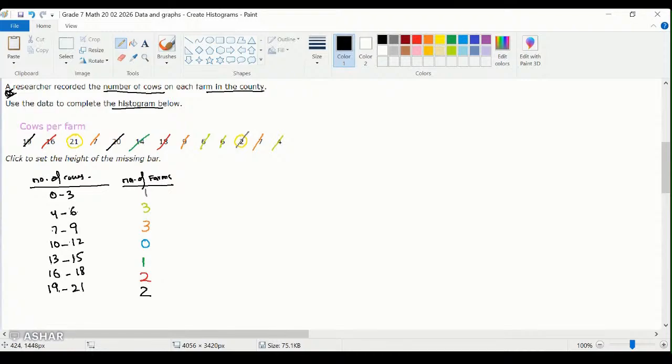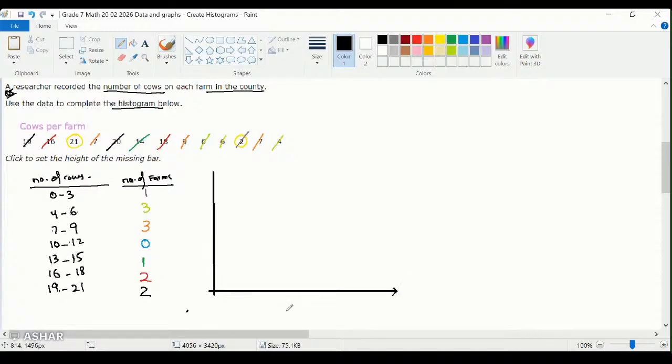So if we need to draw a histogram, what we do is we take the vertical axis, the maximum could be 3. And for the horizontal axis, how many bars do we need? We need 7 bars. 1, 2, 3, 4, 5, 6, and 7 bars on the horizontal axis.